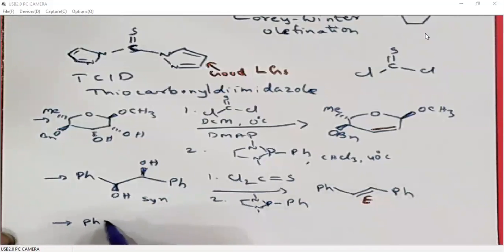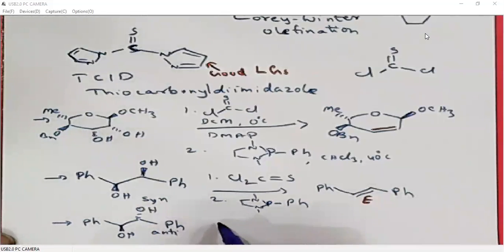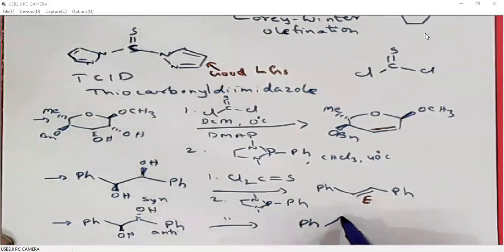When it is an anti-diol, then the stereochemistry must be reversed. So here it is in zigzag fashion. We will get the opposite stereochemistry. So that is why we will get a Z double bond here.